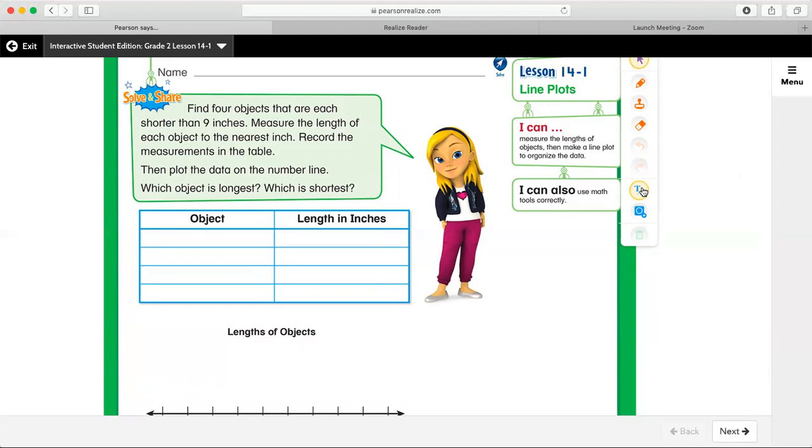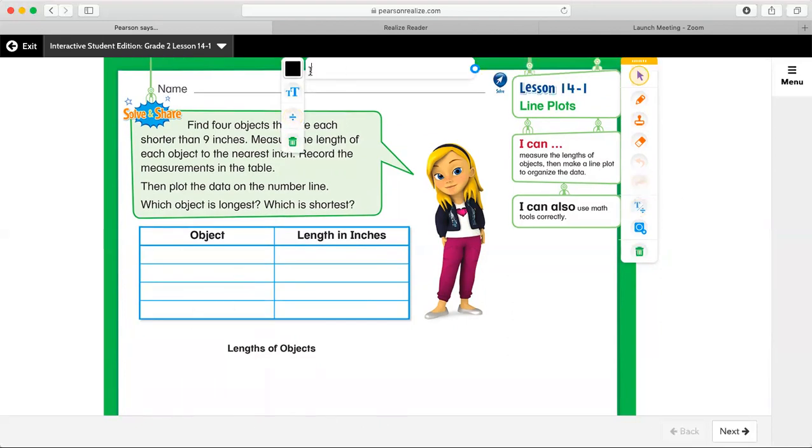All right, so I found some objects here around my house. So I have a pen. I have a cup.